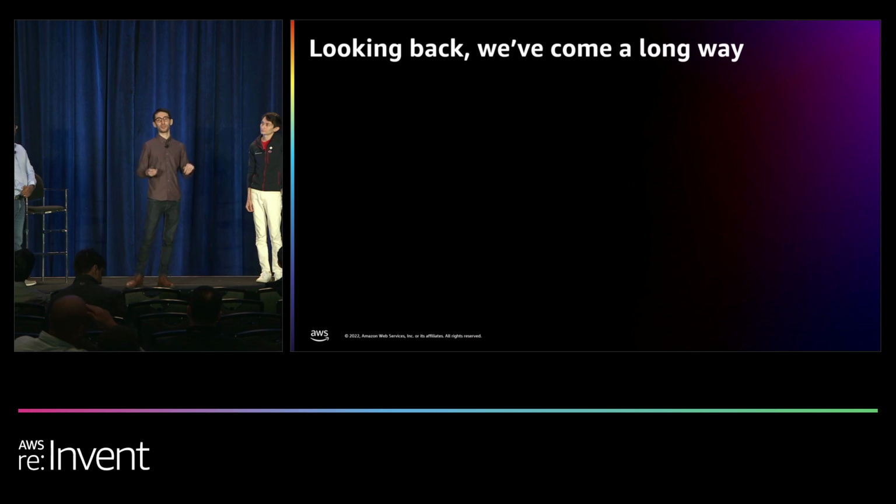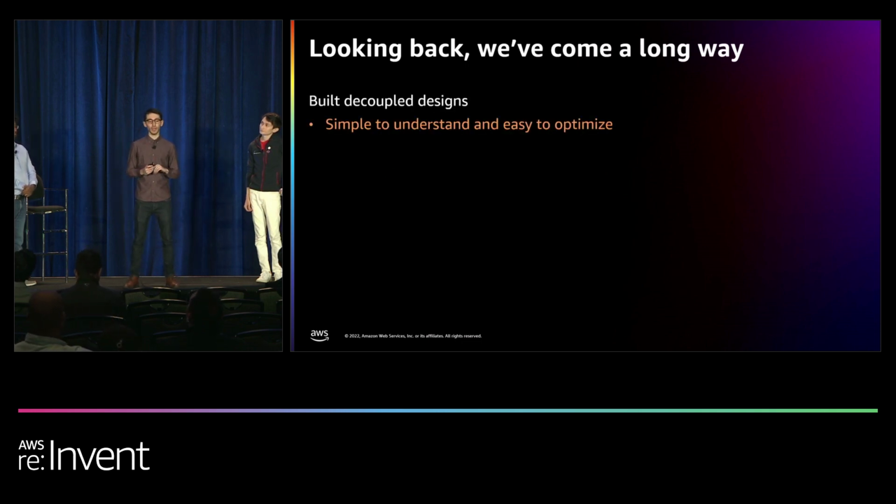OK, so looking back, we've come a long way in our journey together. And we've touched on performance and cost, but I want to touch a bit on resiliency. So as I mentioned, the decoupled architecture, we were really intentional about building something that is simple to understand and easy to optimize. So we've explained this architecture roughly at a high level in about an hour.